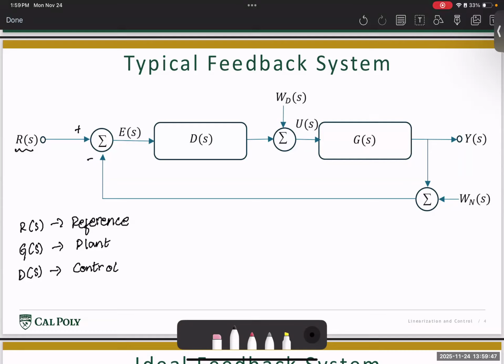This is then followed by some amount of control mechanism, and this control mechanism would then cause the ailerons to deflect by a certain angle, which would then cause the aircraft to pitch. So this block D of S is basically the avionics section within an aircraft, which is going to tell it how much deflection is required on its ailerons.